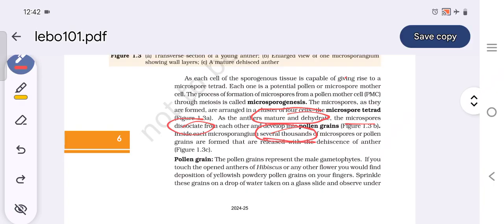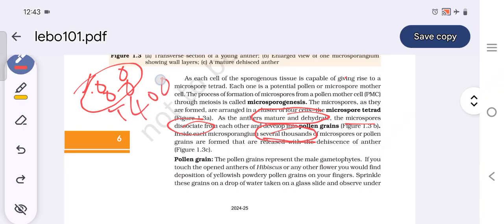Now here several thousands is given in your textbook, but when it comes in a question, say for example, in a microsporangium, in an anther, each microsporangium is having 100 microspore mother cells, how many microspores would be formed? A typical anther has 4 microsporangia, each having 100, meaning 400 microspore mother cells.